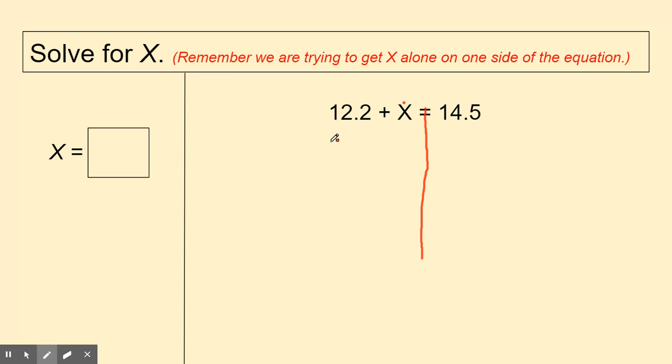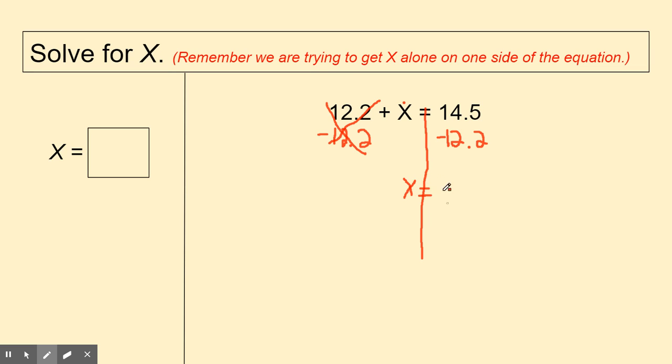What is the opposite of positive 12.2? The opposite would be to minus 12.2. So we're going to subtract 12.2 from each side of our equal sign. 12.2 minus 12.2, those cancel each other out. So now we have x alone.